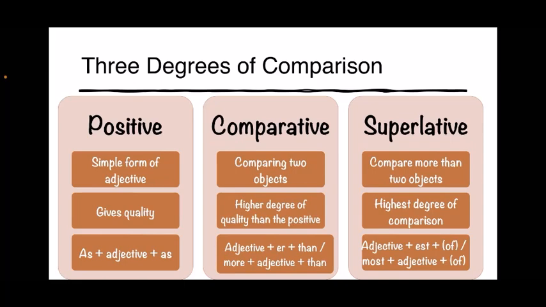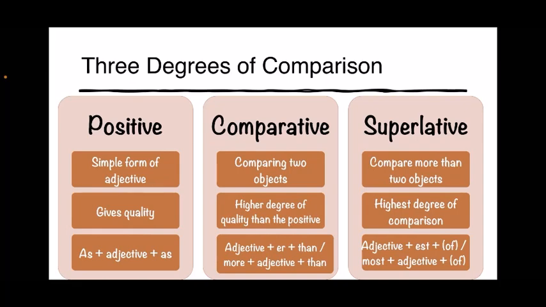In superlative degree, again there is a comparison, but the comparison is between more than two objects. And this is the highest degree of comparison. Superlative degree also can be written in two ways. It can be either the adjective with est added plus of, or we can write it as most plus adjective.